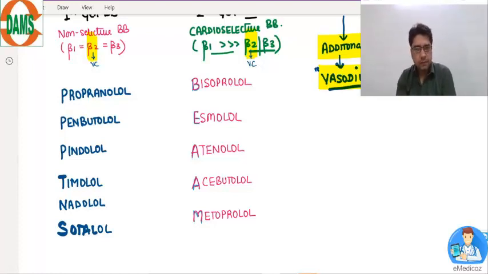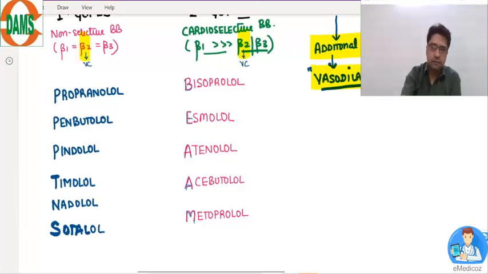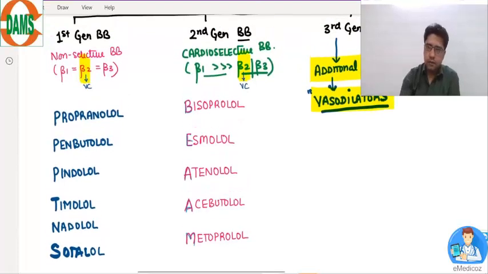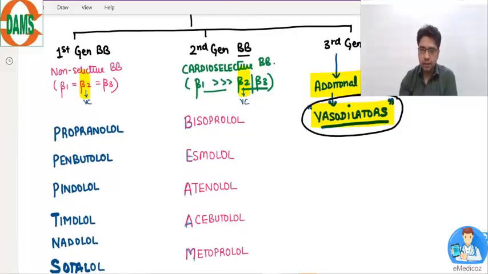Now, third generation beta blockers. You'll write third generation beta blockers are vasodilators, that we know. But what vasodilatory action do they have?